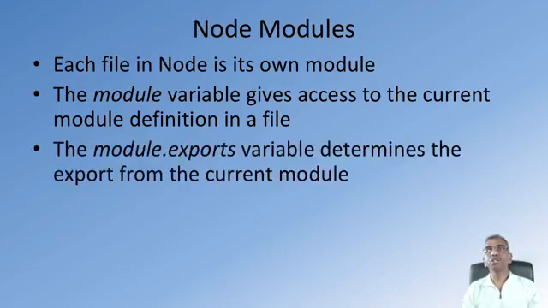On this module object, you have the module.exports property, which determines the export from the current module. So when you assign something to the module.exports property, then that becomes the exported value from the current module, so that when this module is imported into another file of our Node application, then whatever is exported from this module becomes available in the second file. We'll look at an example in a short while.